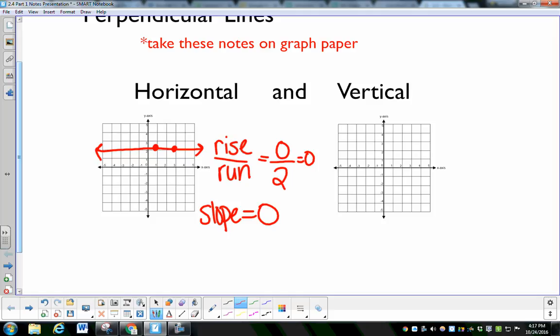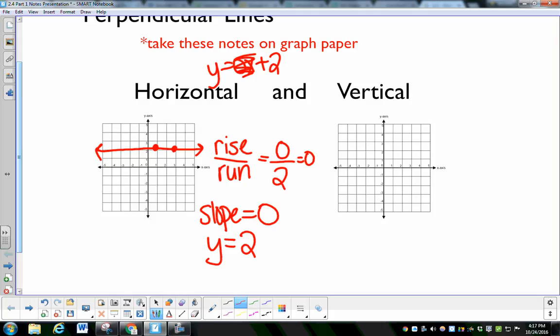So it has a y-intercept. It does not have a slope. The slope is just 0. If we tried to write an equation, it would be like y equals 0x plus our y-intercept, which in this case is 2. 0 times anything is just 0. So in this case, I always remember it hits the y-axis, so it has a y in the equation. The equation for this one is just y equals 2. That's it. So horizontal lines have really simple equations.